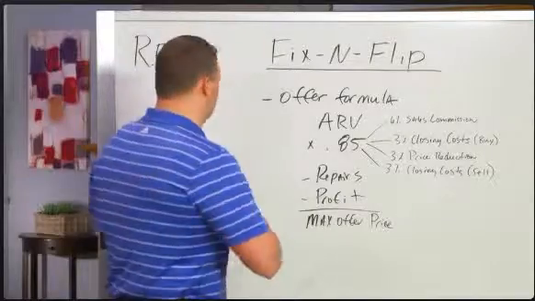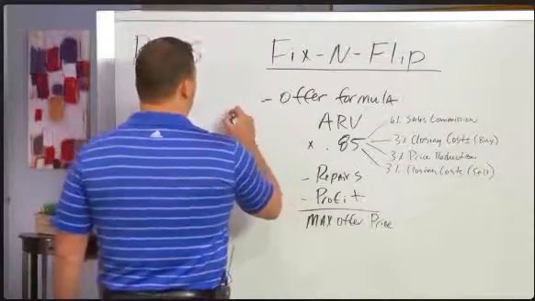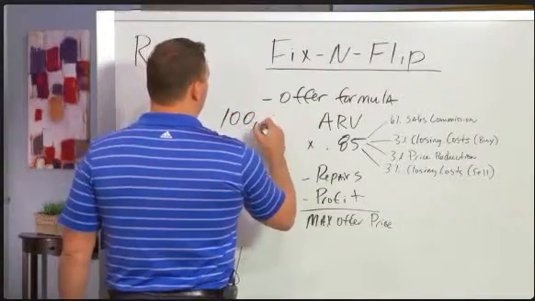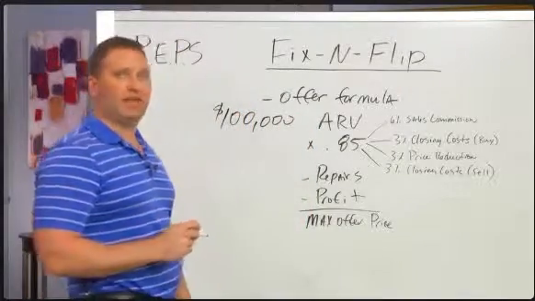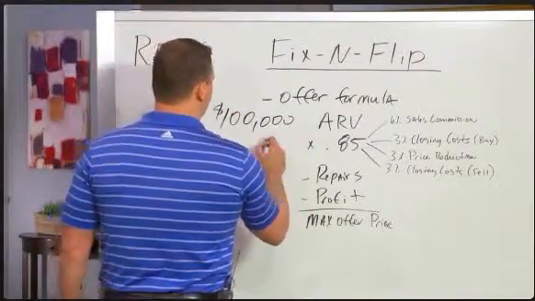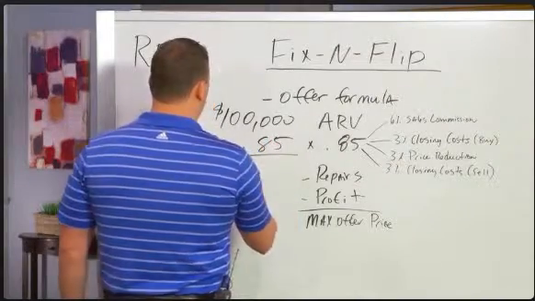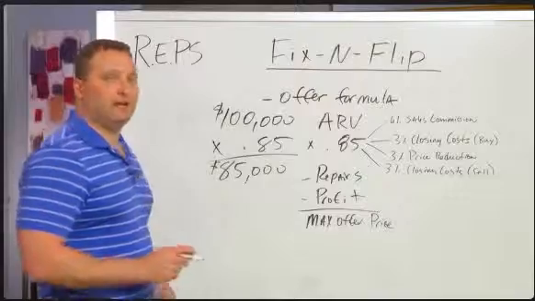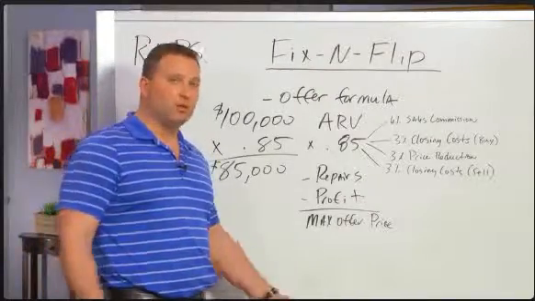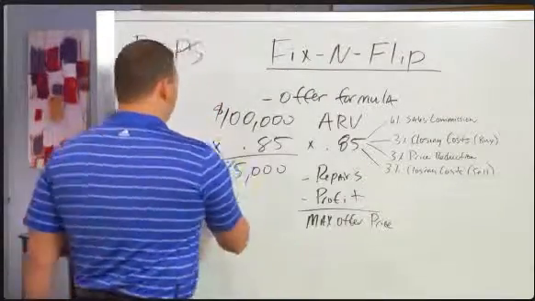So if we put some numbers with this, and again, I always use 100,000 just because it's easier. If we've got a $100,000 house, and we take that times 0.85, we're going to have 85,000, okay? So now we take that 85,000. Let's say that the repairs on this fix and flip are 20,000.